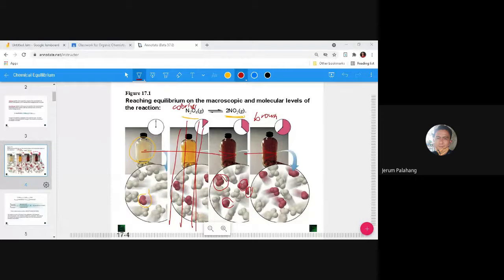Container 3 doesn't have it yet, since it was only 1, 2, 3. So we have our 4. The fourth container has achieved its equilibrium. There is really no net change now.